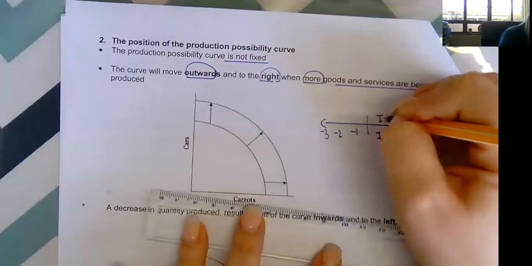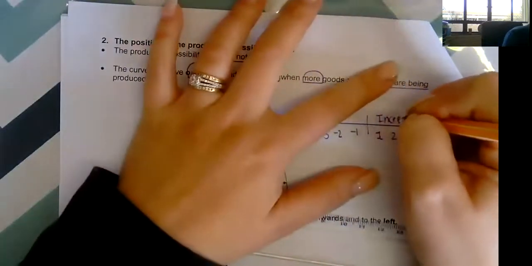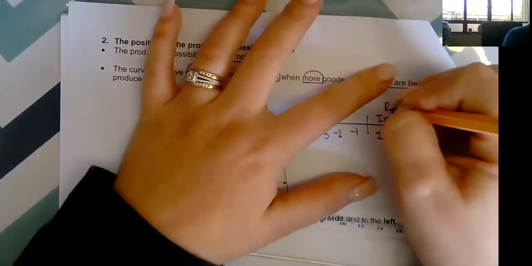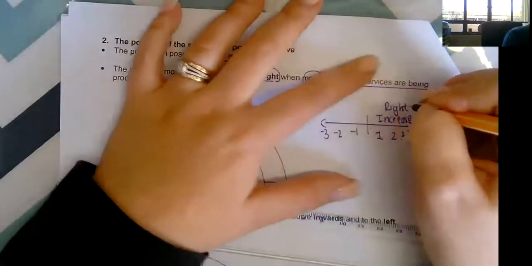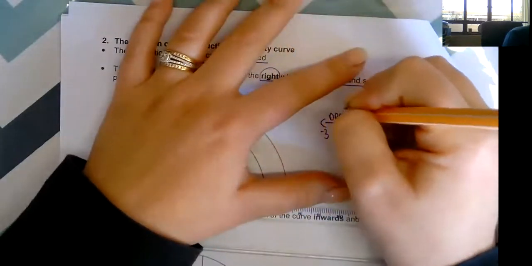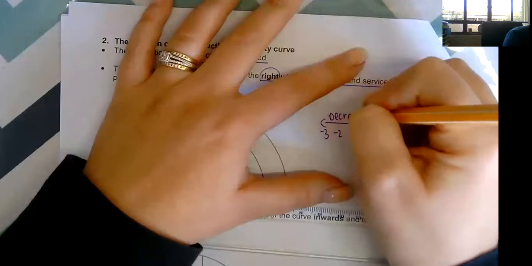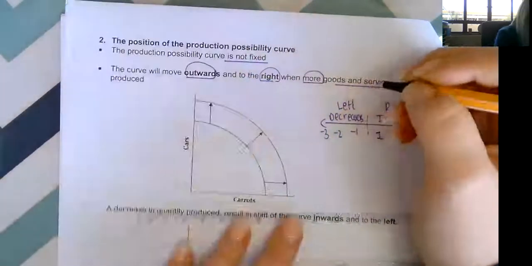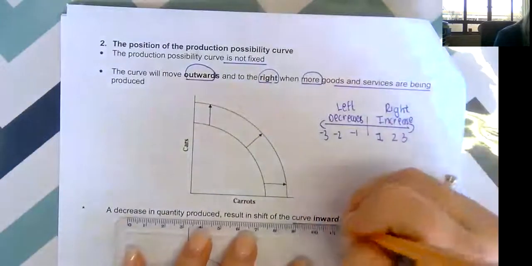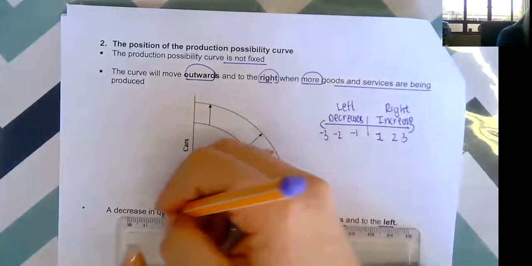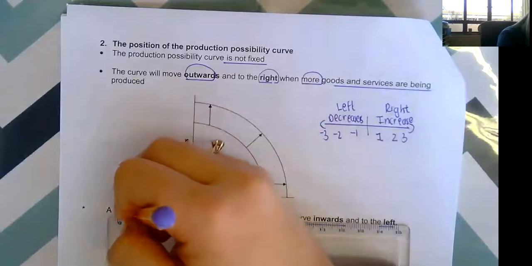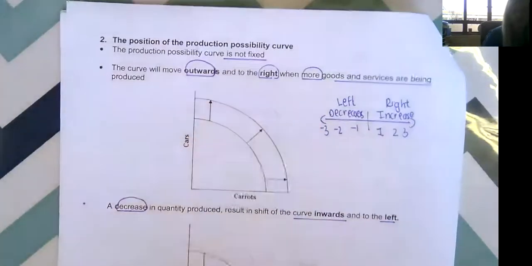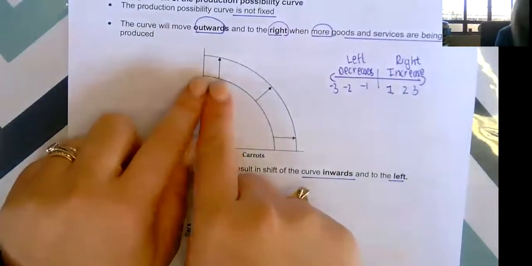If it increases, it moves to the right. If it decreases, it moves to the left. As for example here, it will move inwards and to the left because there's been a decrease in the production.